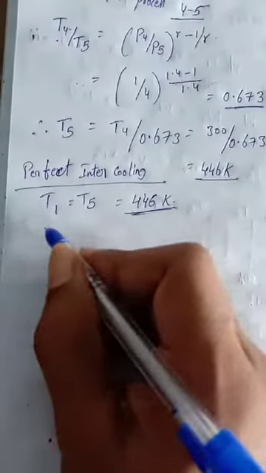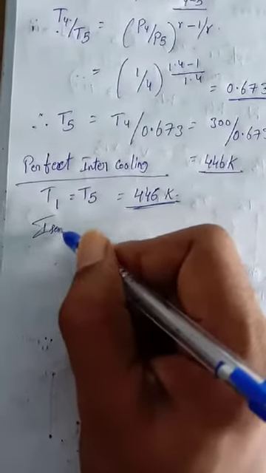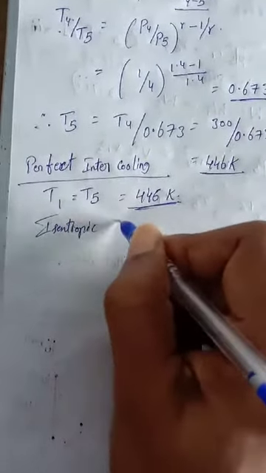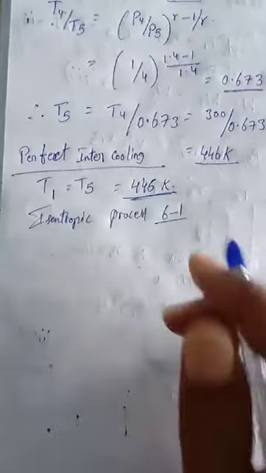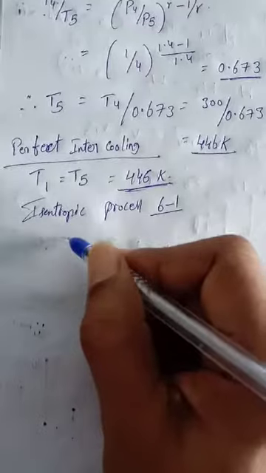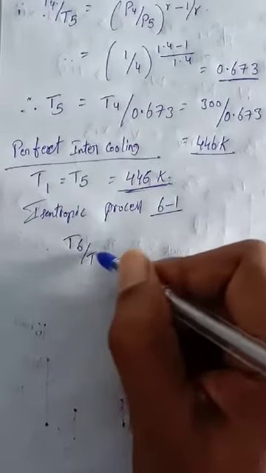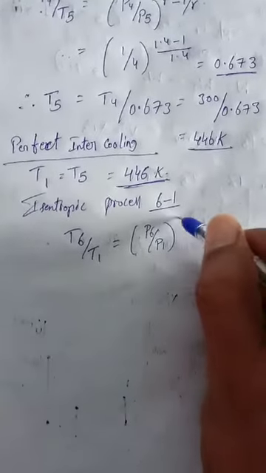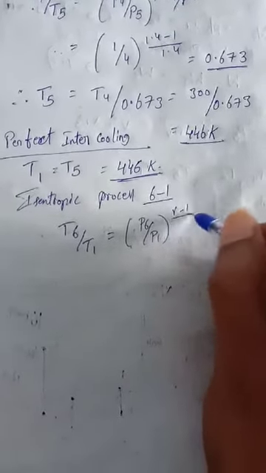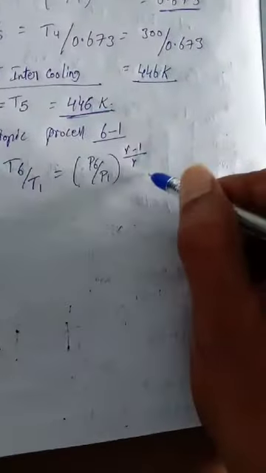Now we are going to see the isentropic process 6 to 1. Then here we can write T6 divided by T1 is equal to P6 divided by P1 whole power gamma minus 1 by gamma.